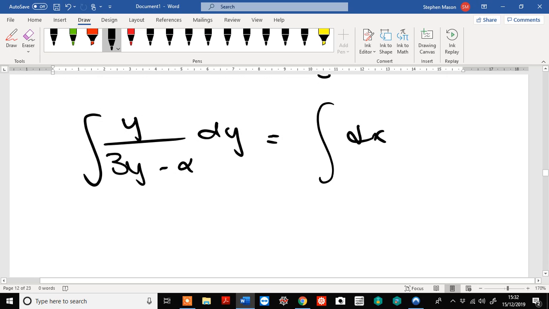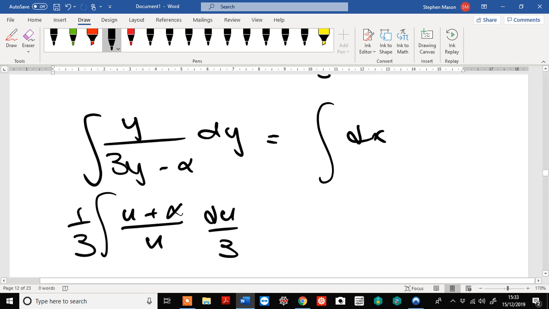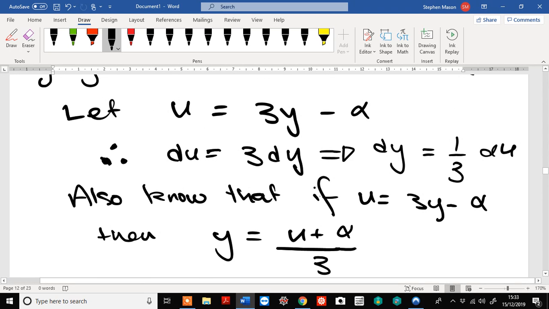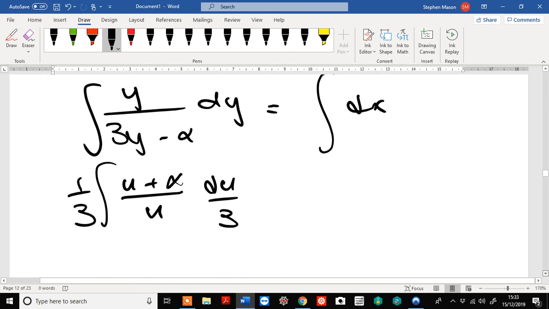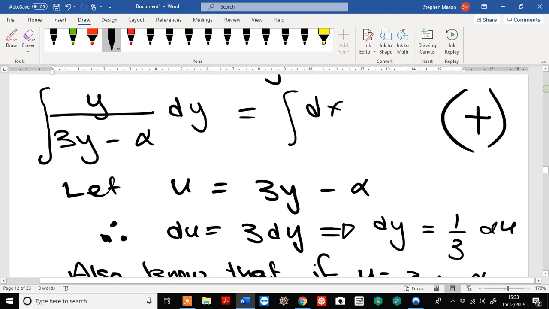So what we've got is u plus alpha, and we can take the third out of the integral sign, and that's just u du over 3, because dy is du over 3. Yeah, I think we're all 3y minus alpha.